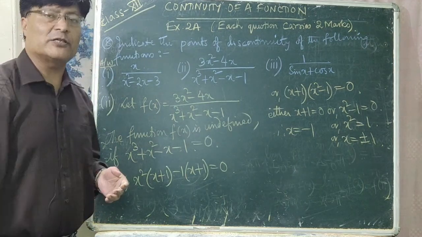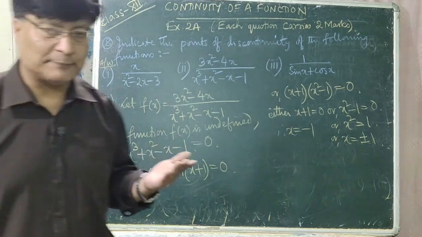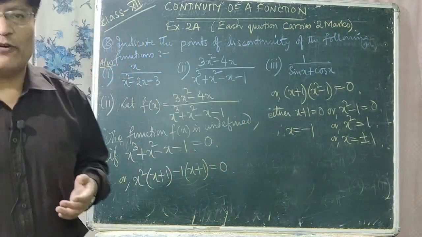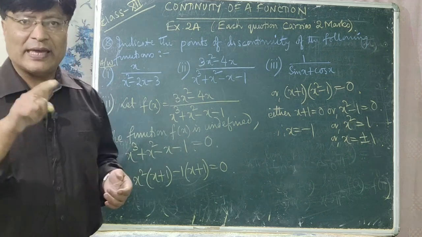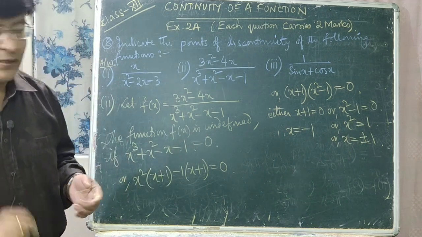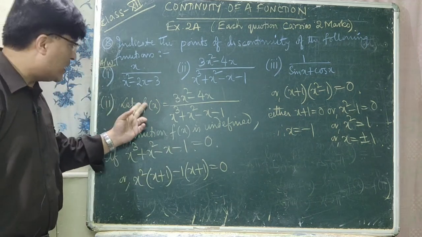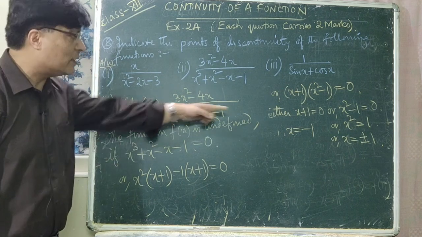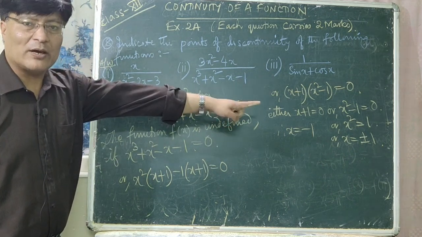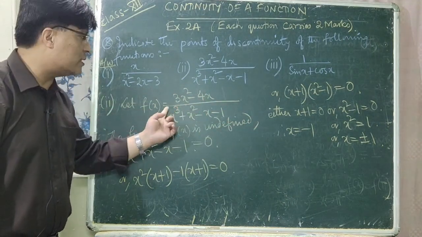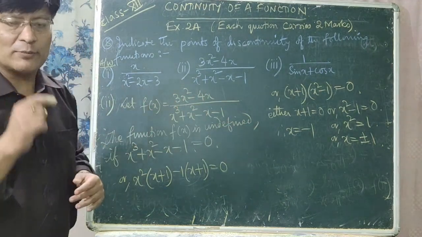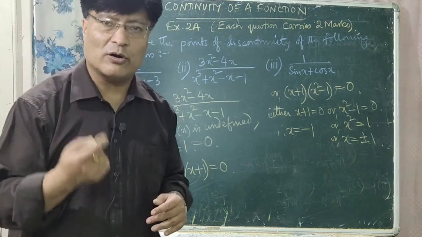From the definition of discontinuity, we know that the function f of x is discontinuous at the point x is equal to a if f of a is undefined. So in this case, when is this function f of x undefined? When you put x is equal to minus 1 or plus 1, this denominator will be 0, and something divided by 0 is meaningless or undefined.